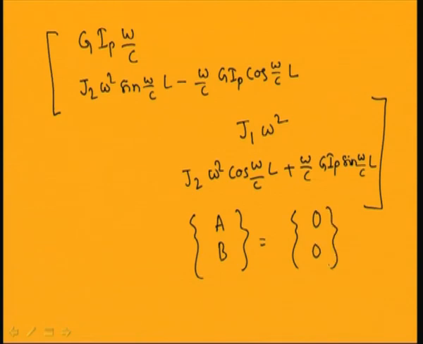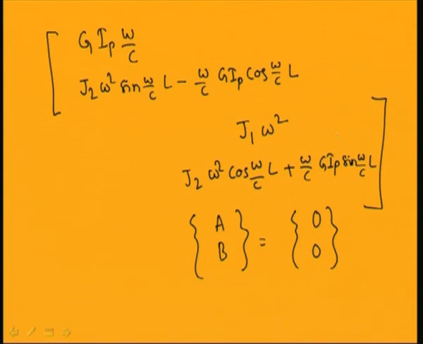So, from this expression you can see that for a non-trivial solution, that is when both A and B are not equal to 0, the determinant of this matrix will be equal to 0.